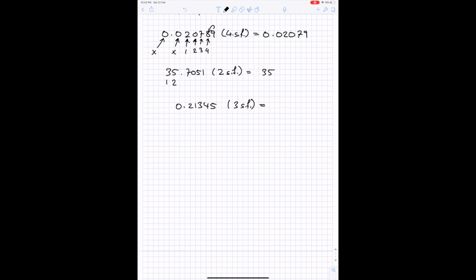Again, the 0 is not the first non-zero number, so this wouldn't be it. There are 1, 2, 3, so this becomes 0.213.